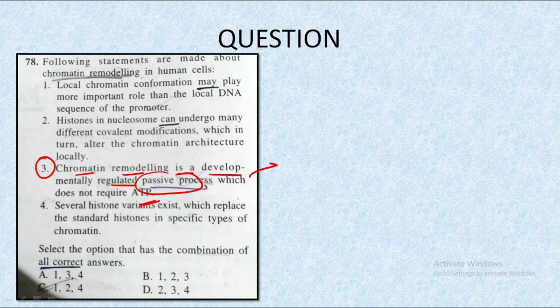If we apply some general knowledge, we can easily analyze that if we are remodeling or packaging our chromatin into the chromosome, it cannot be a passive process. It must be requiring some energy, and this general knowledge makes this option incorrect. So eliminate option 3, and we can easily reach the correct answer, that is option C.